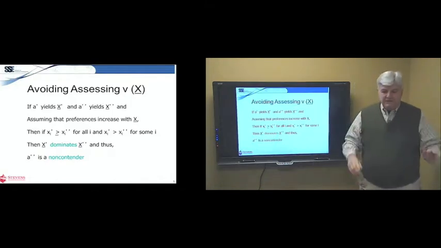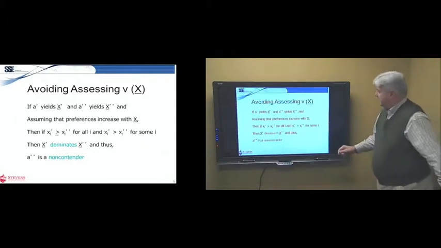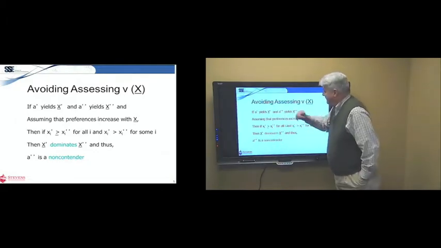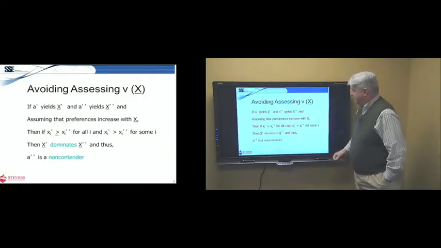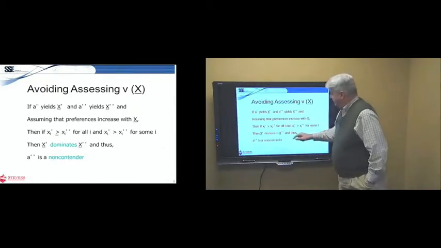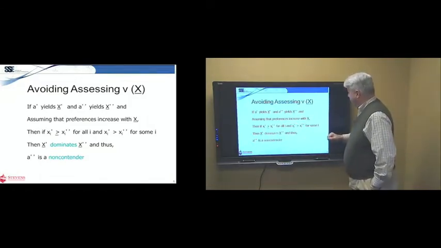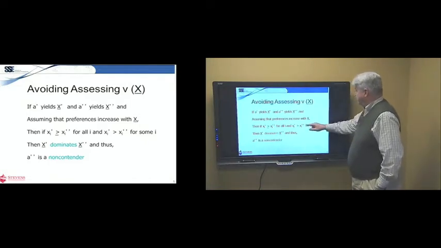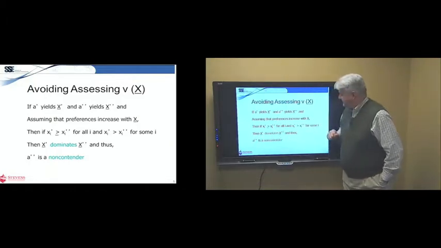But first, before we dig into how to find this value function, let's see if we can avoid doing it. Let's see if we can figure out ways that will allow us to not go through all the math. Let's say we have an alternative a prime that yields attributes x prime, and another alternative a double prime that yields attributes x double prime. Assuming that all the preferences increase with x, then if xi prime is greater than or equal to xi double prime for all i, and xi prime is greater than xi double prime for some i, then you could say that x prime dominates x double prime.